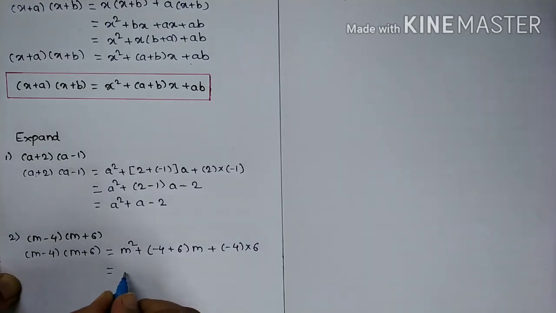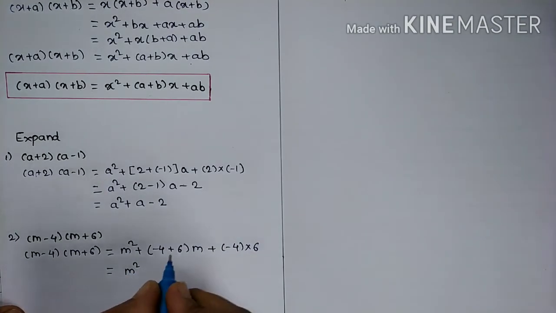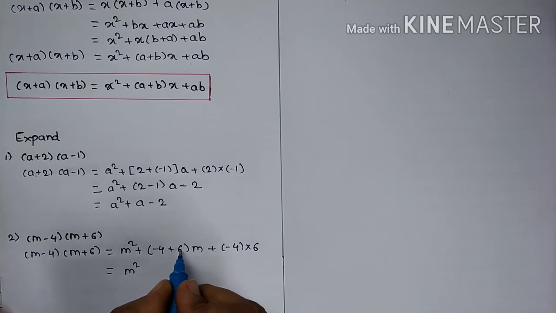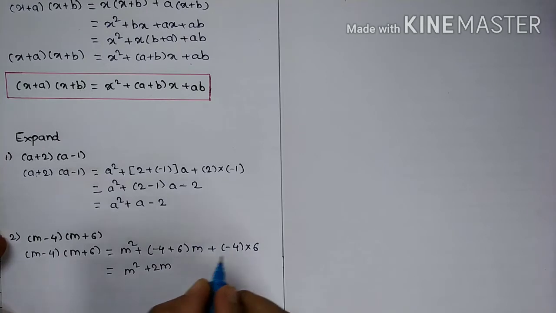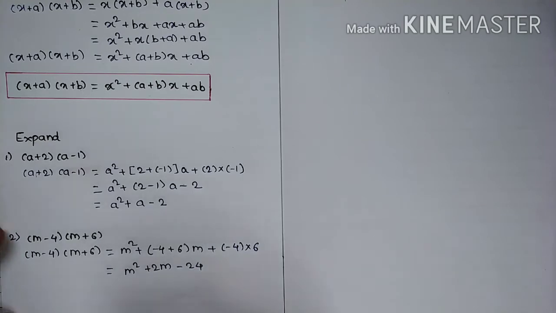That is m square, minus 4 plus 6 is plus 2, so plus 2m, minus 4 into 6, that is minus 24. Okay, this is expansion of this term.